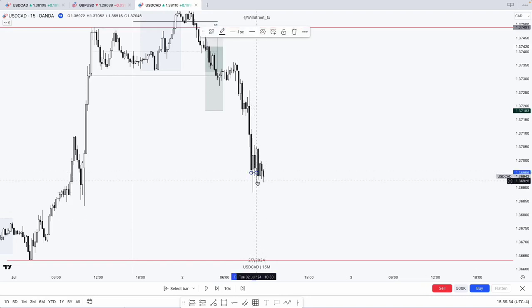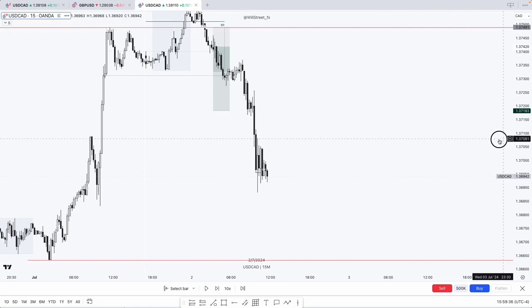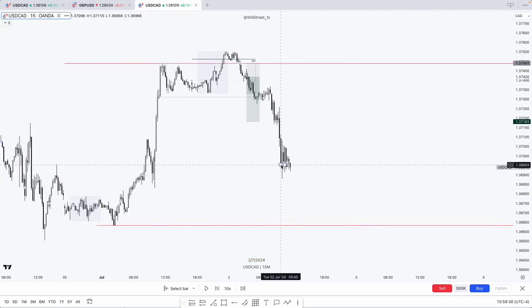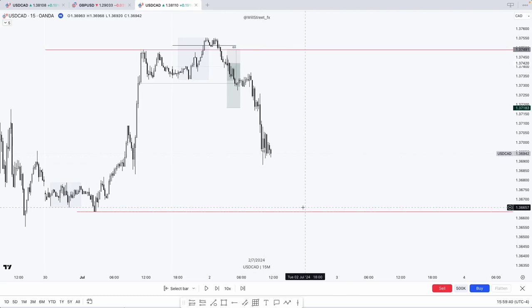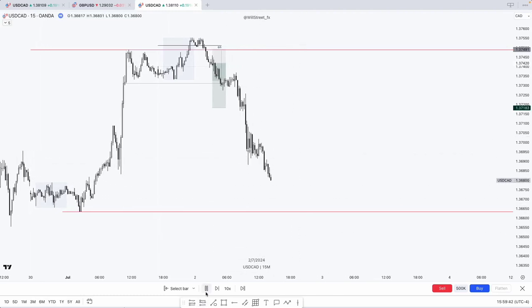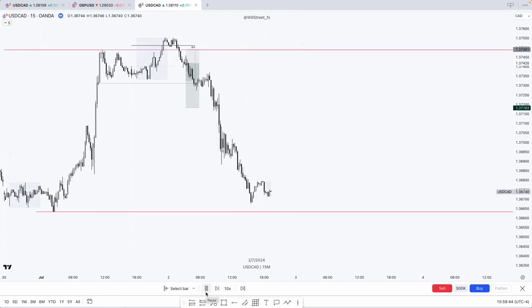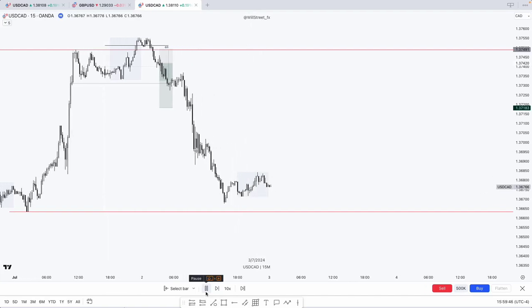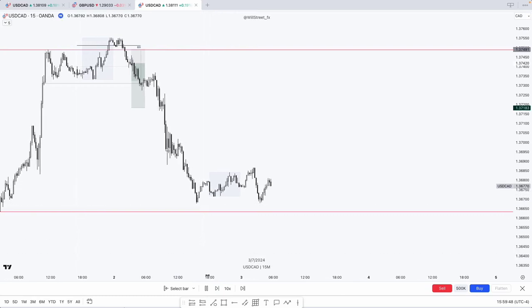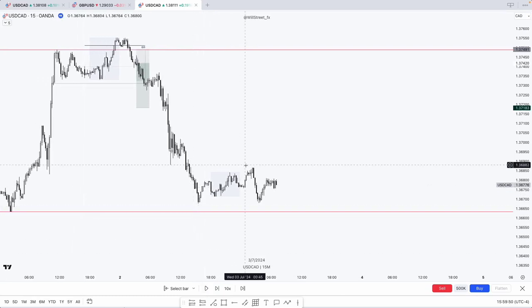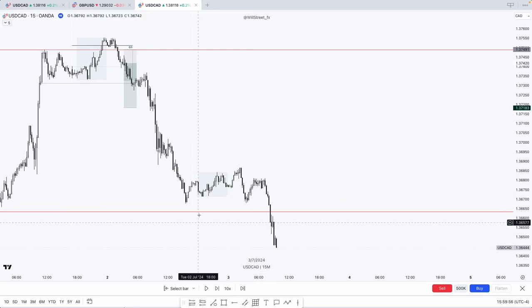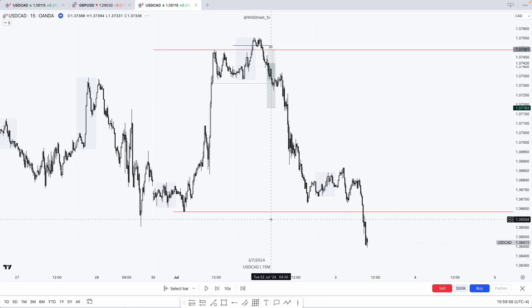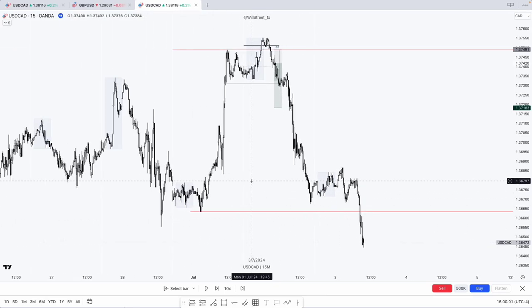This is the 10 a.m. here, and you can just take some partial here and let the trade run. Look at this, it fails to create the lower low, so for the next day, what do we want? Continuing lowers. Really simple.